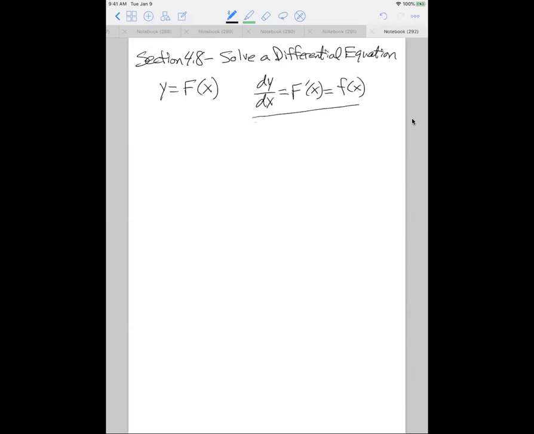We want to find all the functions for which that's true.